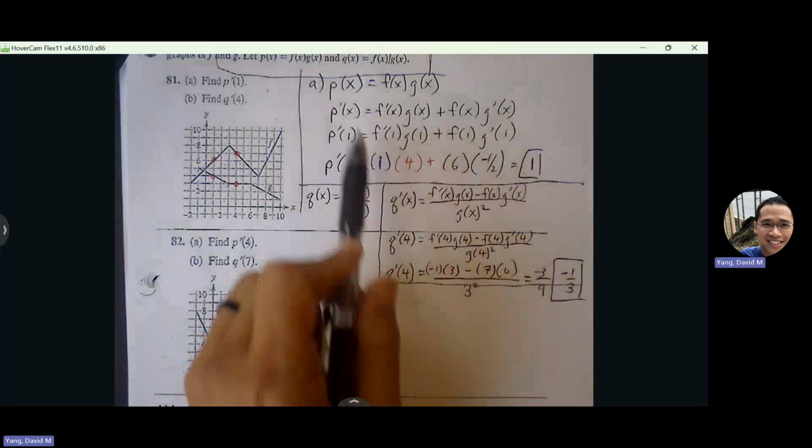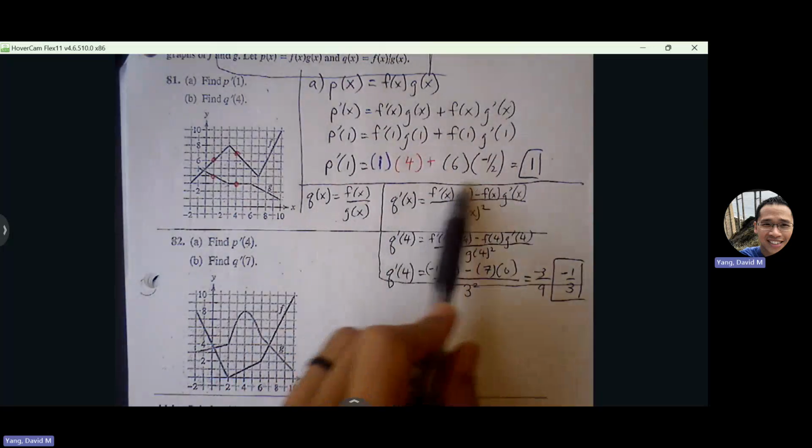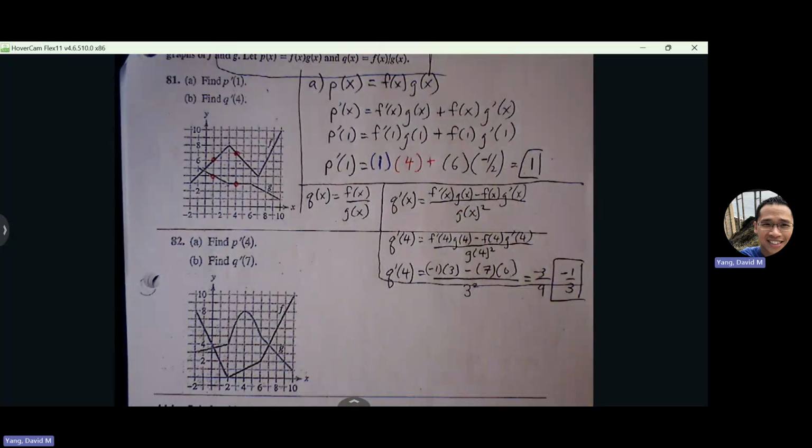Your P prime and your Q prime will look exactly the same since we're building off the same definition.